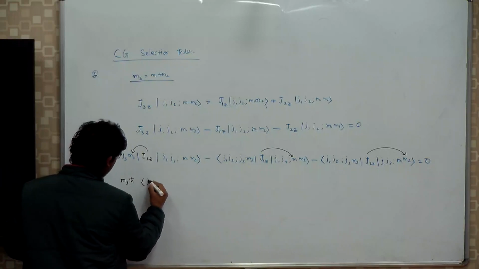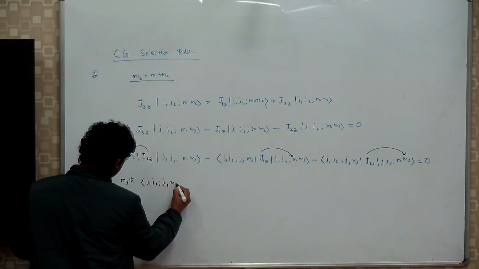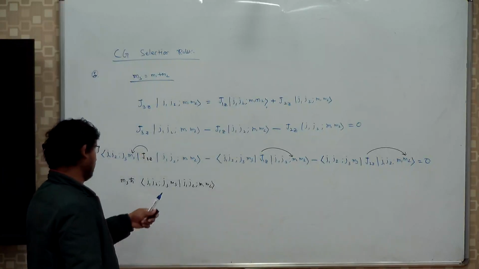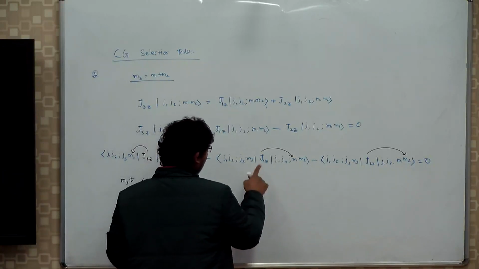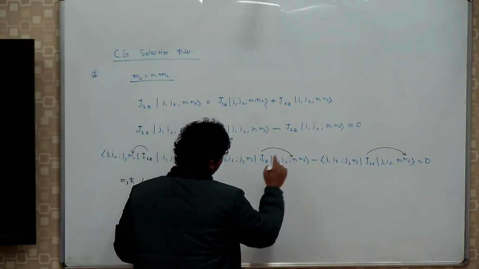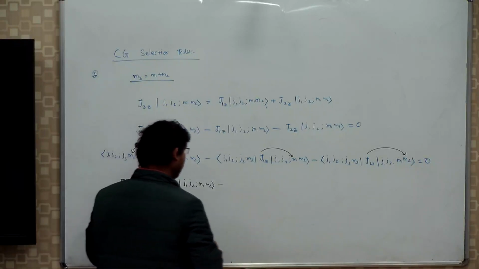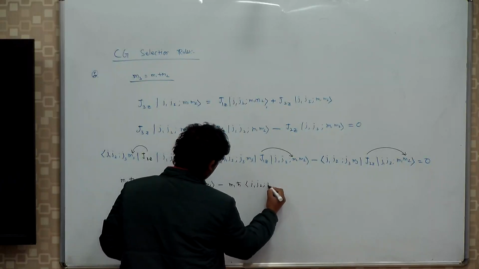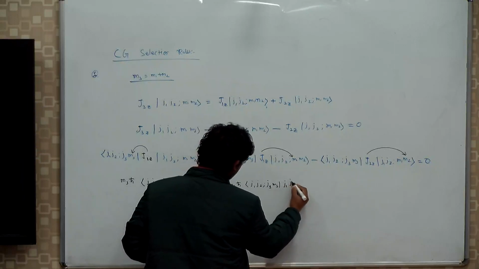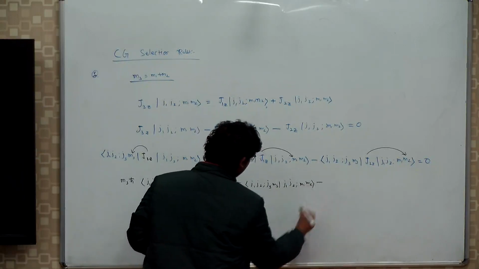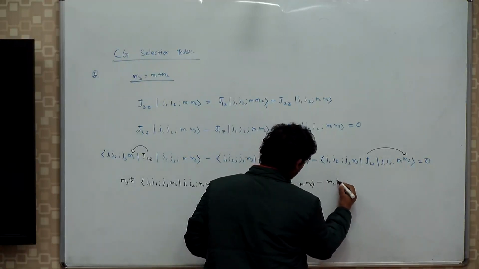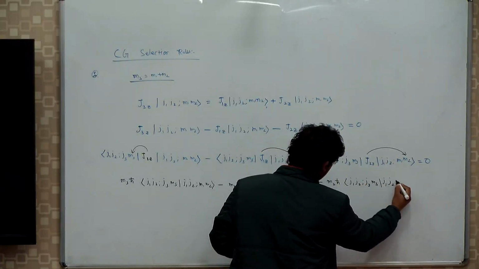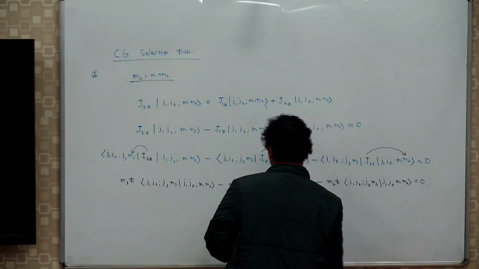Then the inner product <J1 J2 J3 m3 | J1 J2 m1 m2>, minus, of course, the operator J1 acts on the magnetic quantum number m1 in the uncoupled state, so m1 h cross <J1 J2 J3 m3 | J1 J2 m1 m2>, minus, when you come here, you will get m2 h cross <J1 J2 J3 m3 | J1 J2 m1 m2>, is equal to 0.